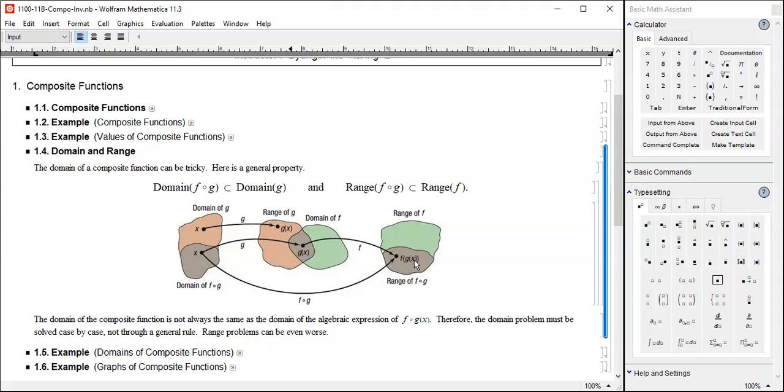And as you can see, the range of the composite function is smaller than the range of the outside function, and the domain of the composite function is smaller than the domain of the inside function in general. Sometimes they are the same, sometimes one is significantly smaller than the other.